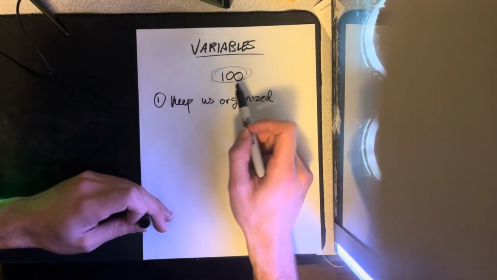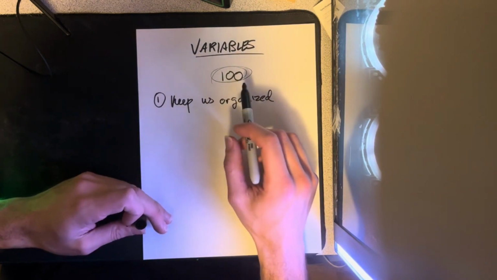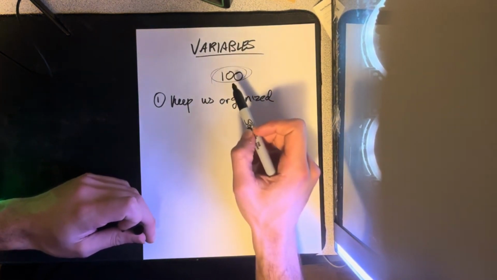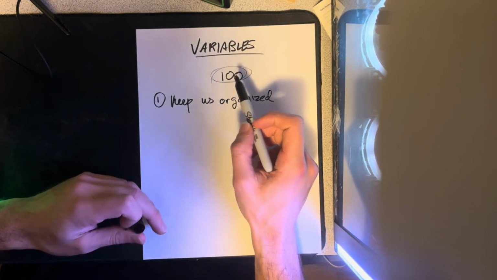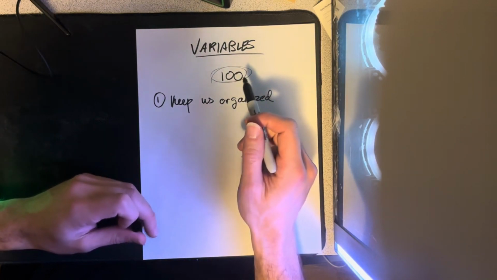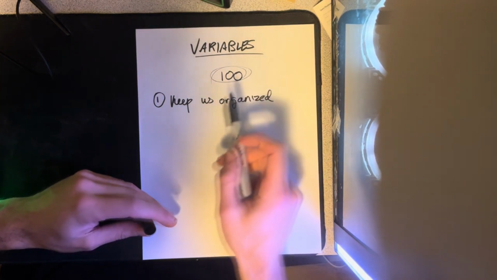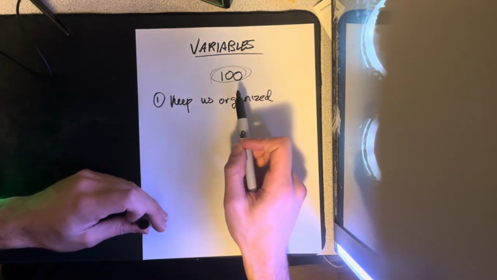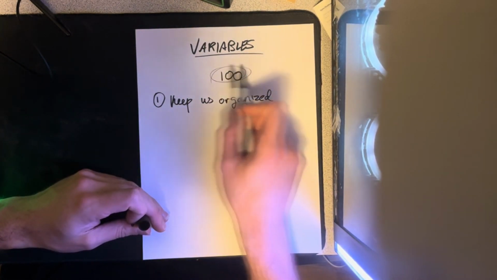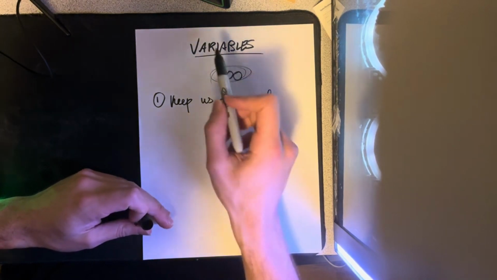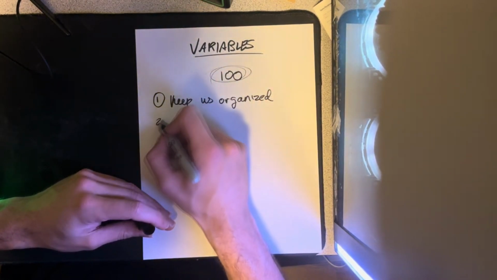In your code, you just have 100. And it would be very hard to keep track of, let's say, 20 players' healths and 20 players' items and all this stuff that goes into programming if you aren't organized and you can't decipher what these numbers mean. So variables help keep us organized.